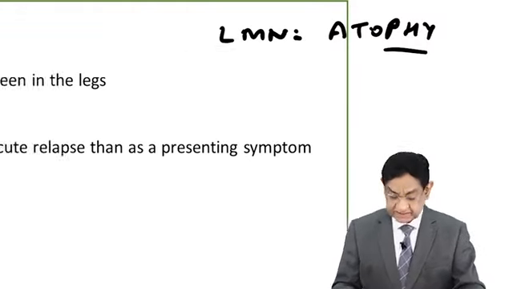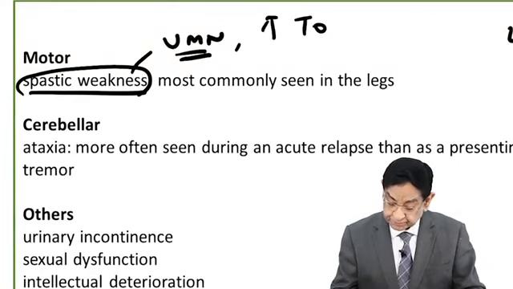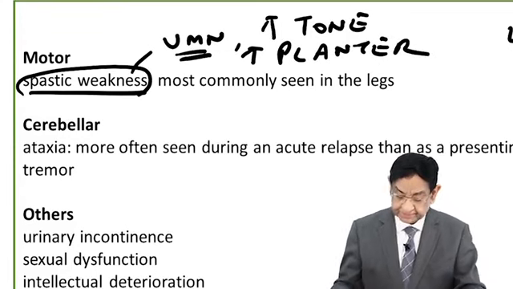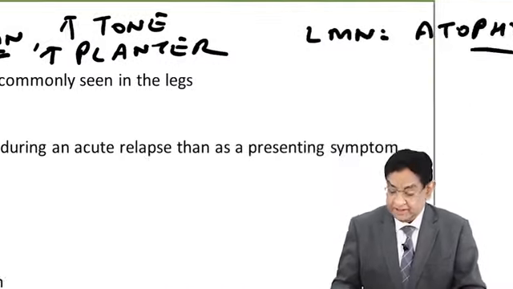And due to spasticity, in case of upper motor neuron lesion, there is increased tone, and plantars are upgoing. Yeah, that is okay. But what is so special about it?